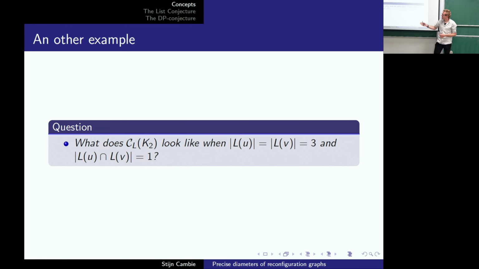Okay, how does the reconfiguration graph CL of K2 look in this case? Is it the Cartesian product of P2 and K3? Maybe? No. So maybe a first question, how many vertices does this reconfiguration graph have?